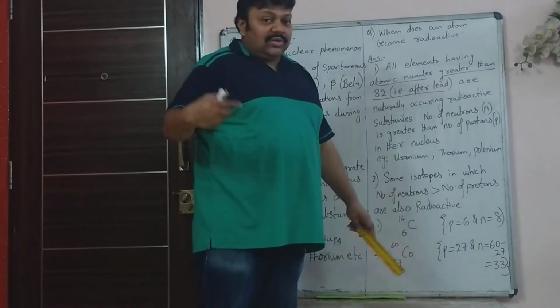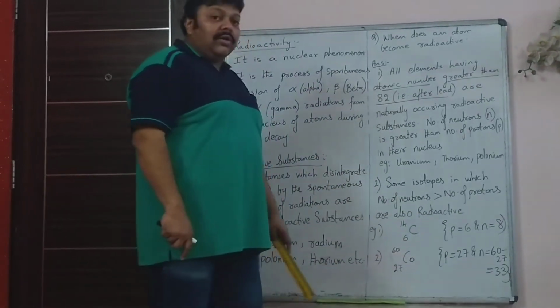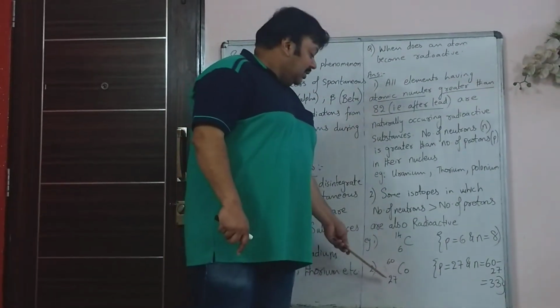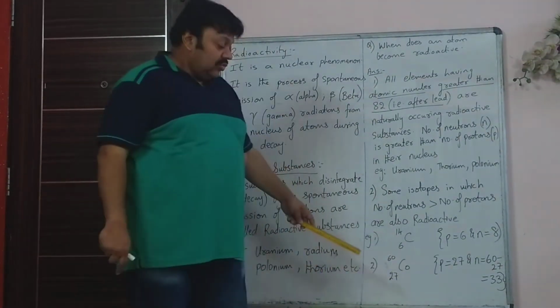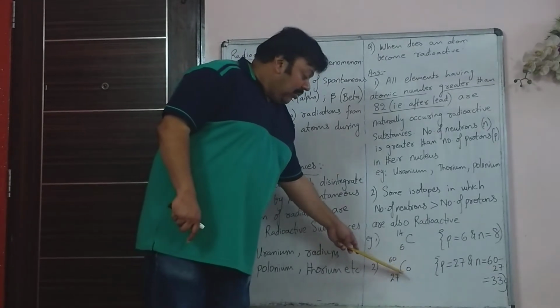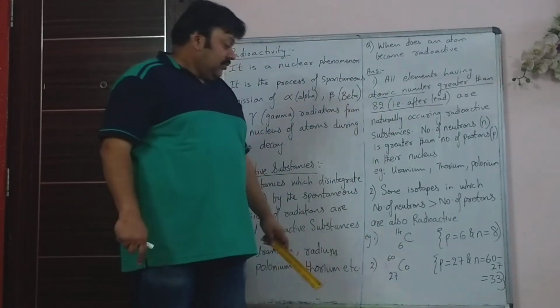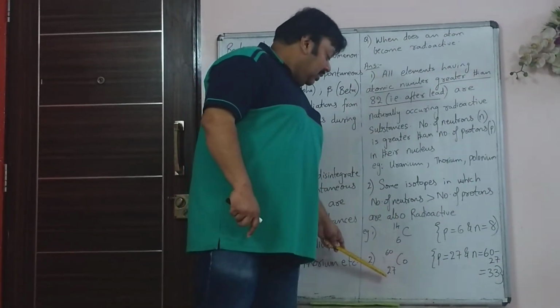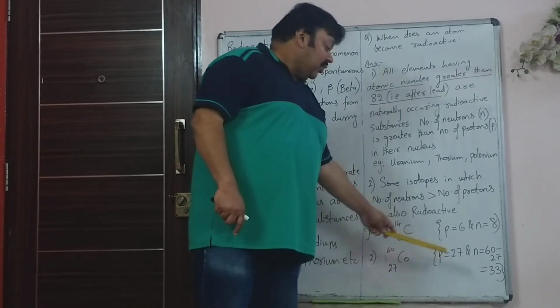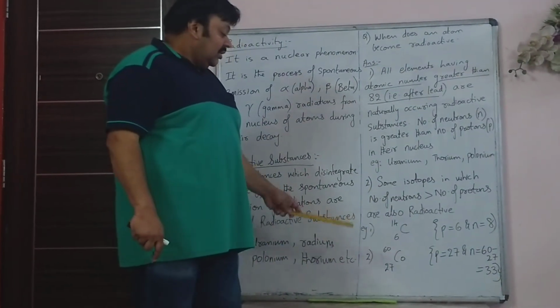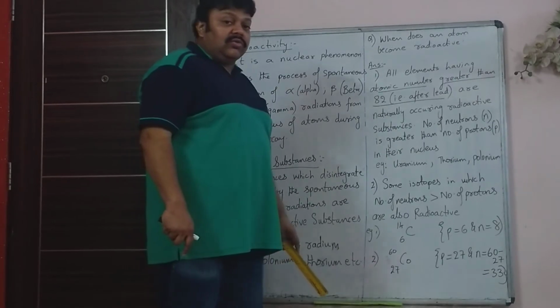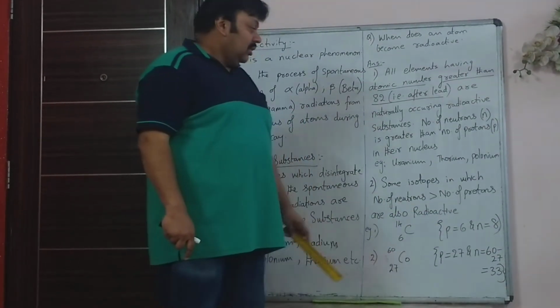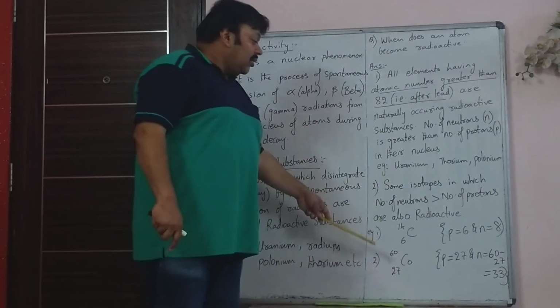The number of neutrons has to be greater, then it could be radioactive. And a second example, which has wide use in medical uses, cobalt-60. In this the atomic number is 27, so the number of protons is 27, whereas the number of neutrons is 60 minus 27, that is 33. So these are radioisotopes.